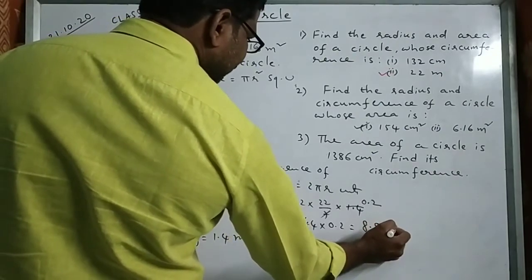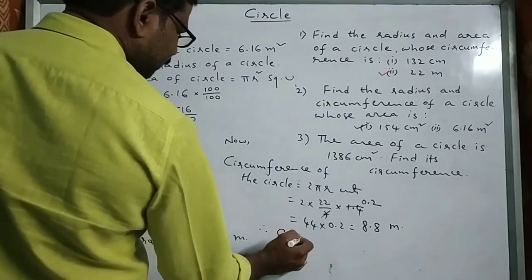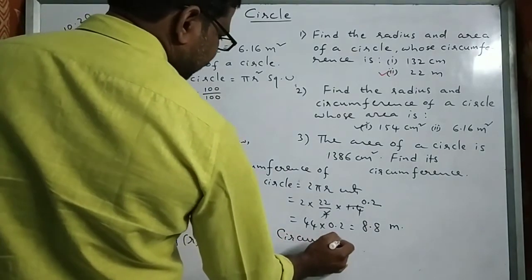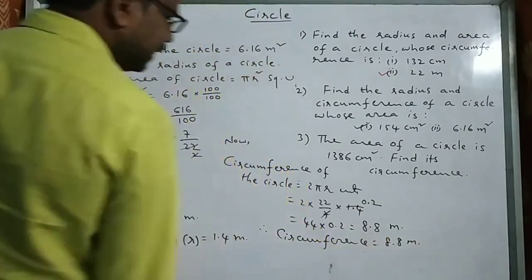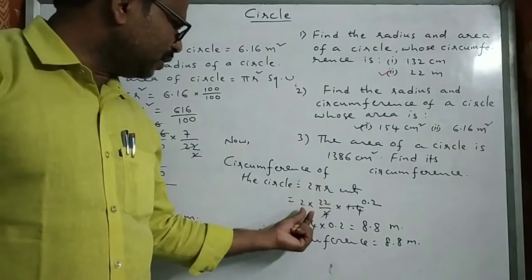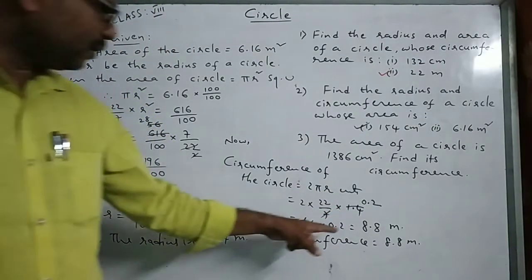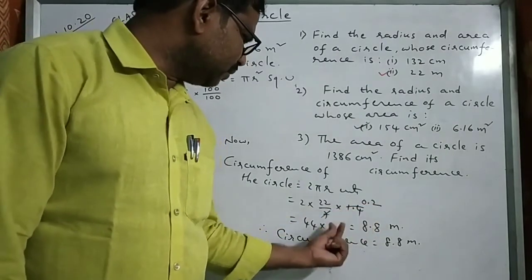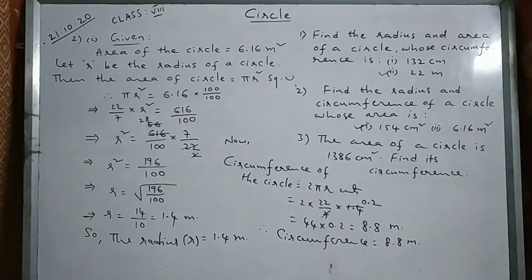So therefore circumference is 8.8 meters. That is the answer. Circumference 2 pi r, 2 into pi value 22 by 7, r you got 1.4, 44 into 0.2, 8.8 meters. Okay.